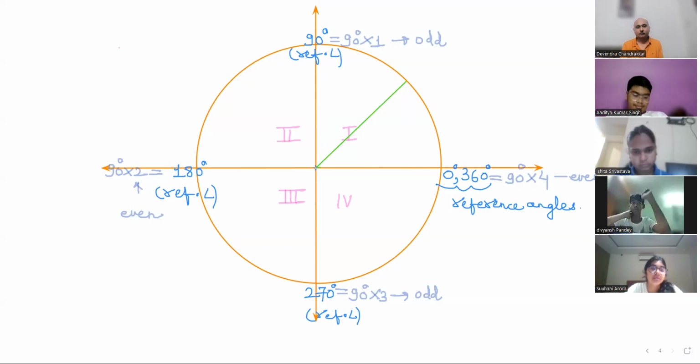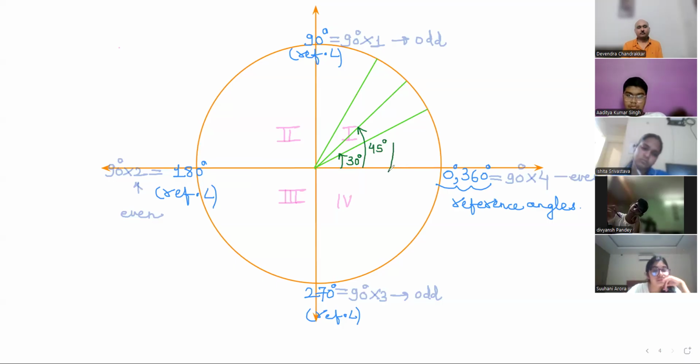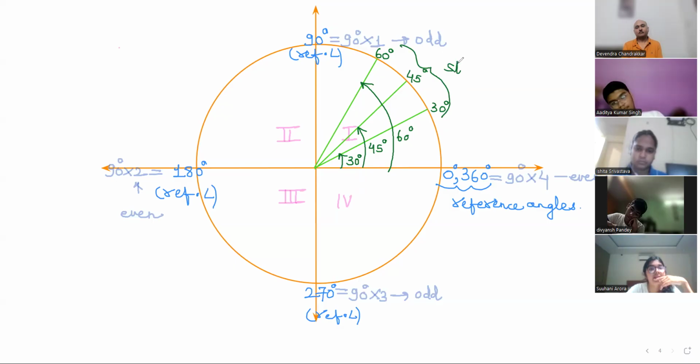The standard angles for the first quadrant are all 15 degrees apart. So this is 30, 45 and 60, right? These are the standard angles of the first quadrant.